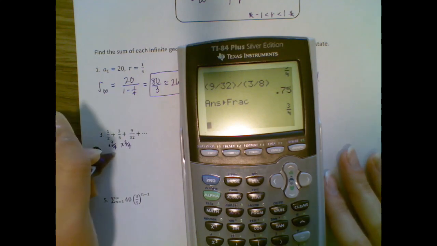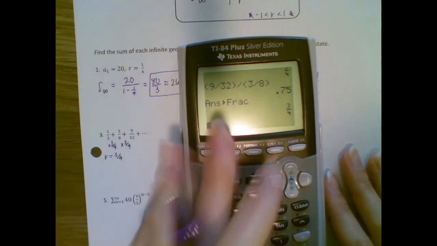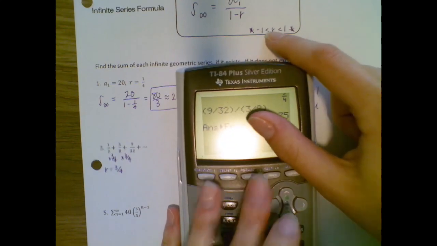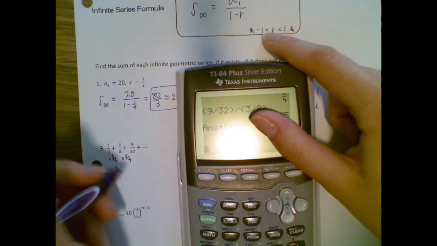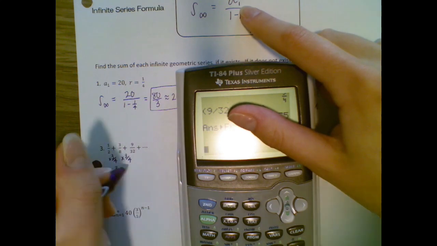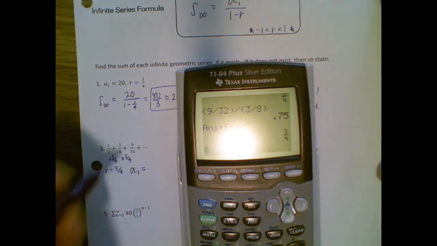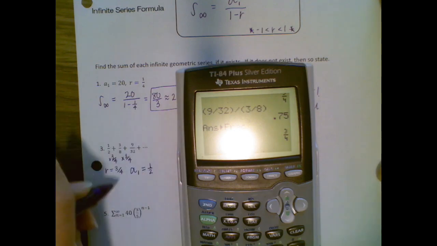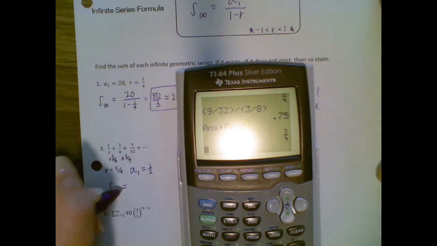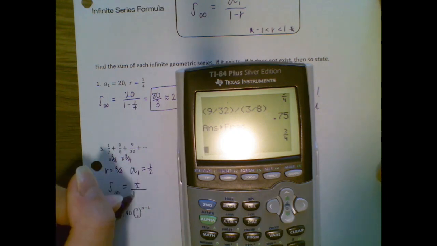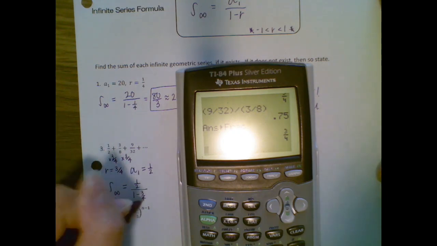So r equals 3/4, which is between -1 and 1. So I'm golden there. Now I just need the a sub 1 value, which is 1/2. So the infinite geometric series would be 1/2 divided by 1 minus 3/4.